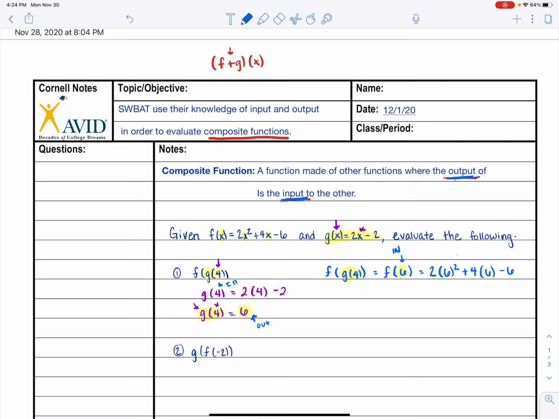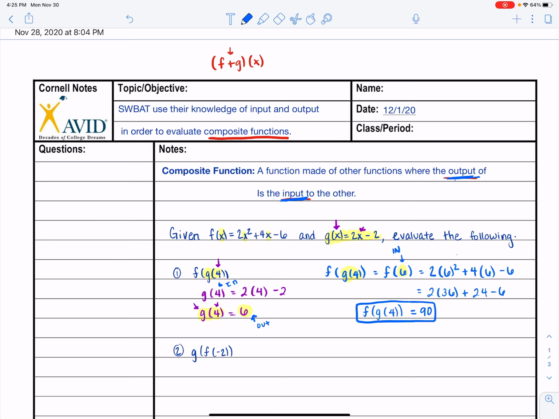So 6 squared first, so 2 times 36, plus 4 times 6 is 24, minus 6. 2 times 36 is 72. 72 plus 24 minus 6 is 90. So f of 6 is 90, which means that the function f of g of 4 is equal to 90.